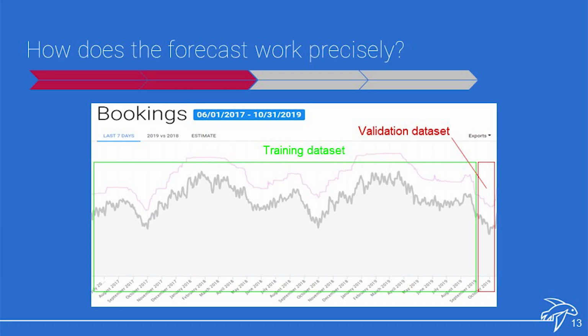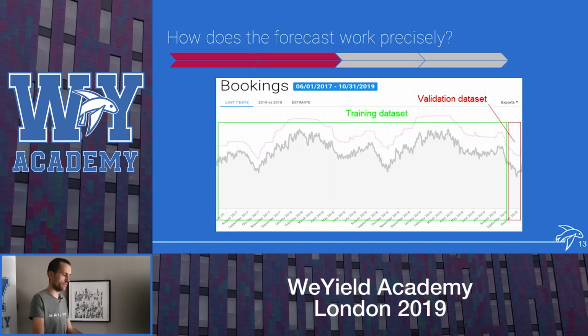And then we split the data into 2 data sets, the training data set and the validation data set. This is the part where we choose the best model. So how do we make the models compete? We ask each model to make a forecast of the last month, the last 30 days. The last 30 days will be our validation data set.